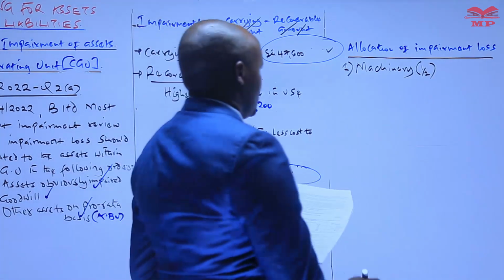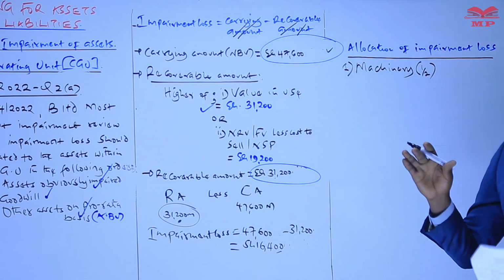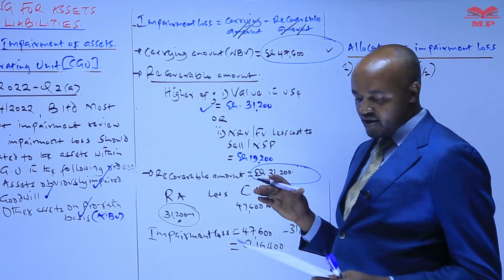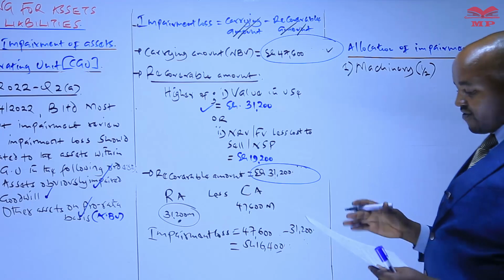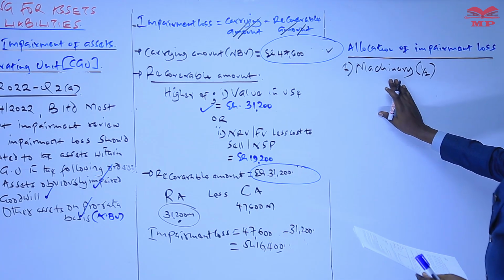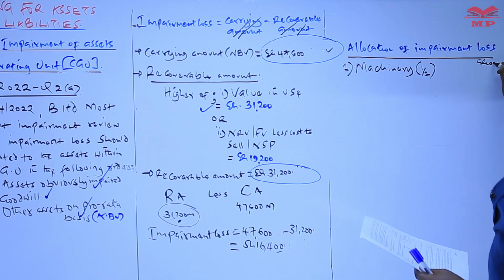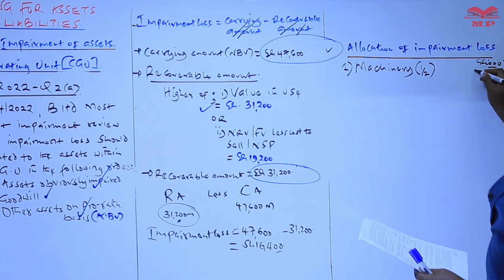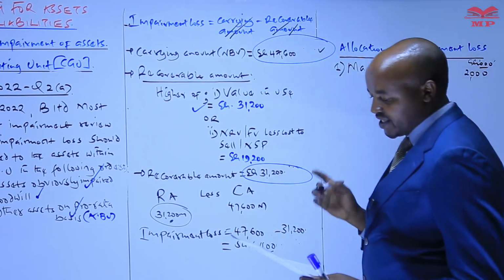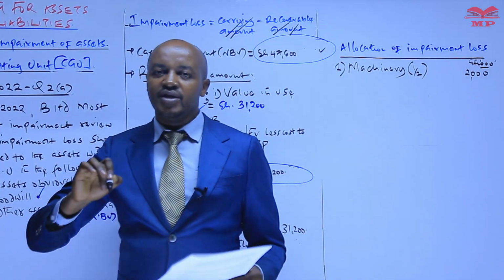So first of all, you're going to allocate to the machines, not all the machines, but half. So machines, they have a value of 4 million. What is half of 4 million? Half of 4 million is 2 million. So because those machines are fully impaired, we are going to allocate an impairment loss equivalent to their carrying amount, which is 2 million, such that once you have allocated that impairment loss of 2 million, we are going to reduce the carrying amount of 2 million with 2 million.